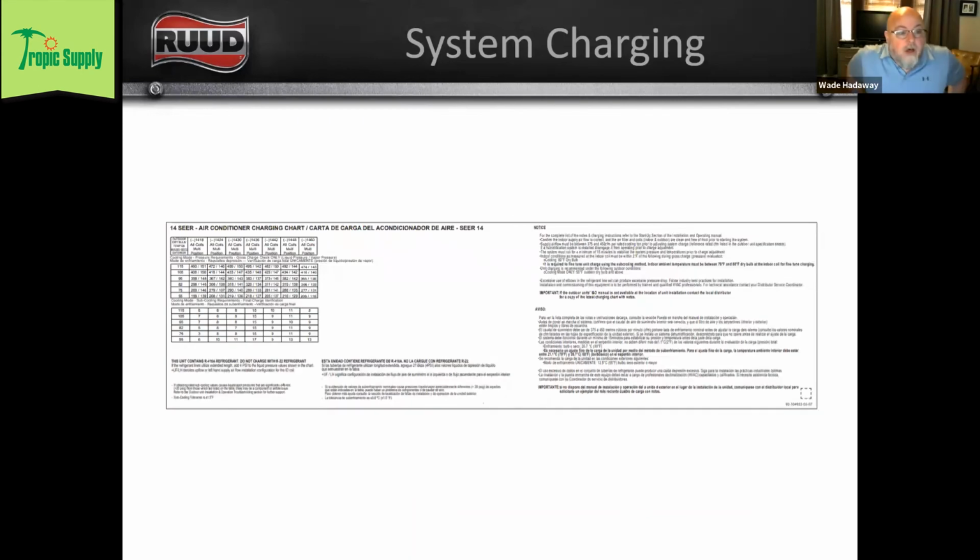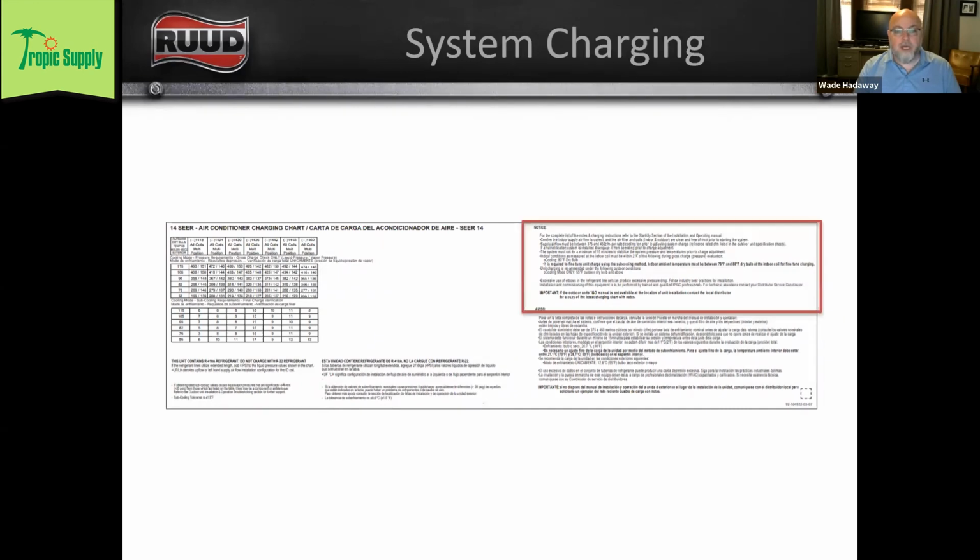So here's an example of an RA14 charging chart. This charging chart is available on PTS in myruud.com. If you do not have a MyRuud account, get with your folks at Tropic Supply and they'll get you hooked up with a MyRuud account. A couple things before we just dive right in.